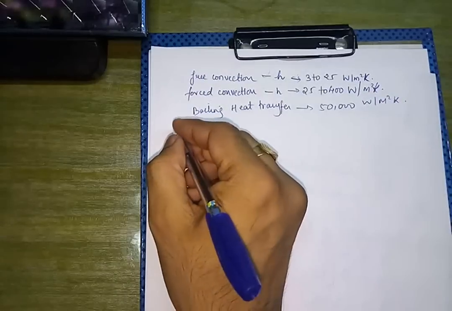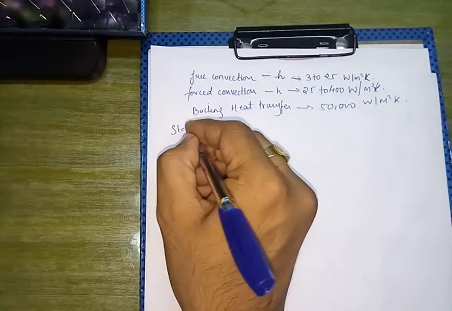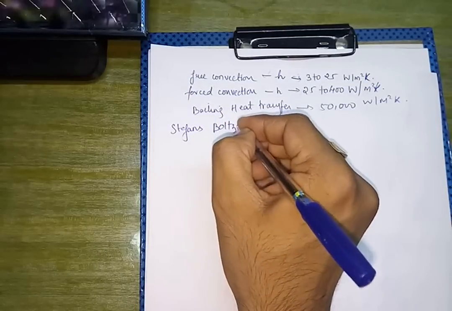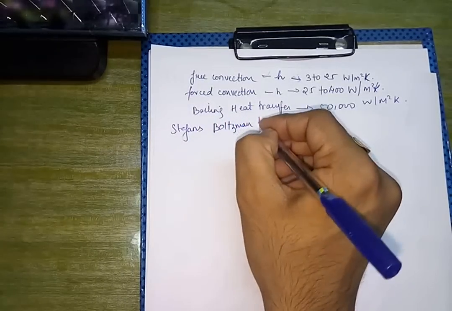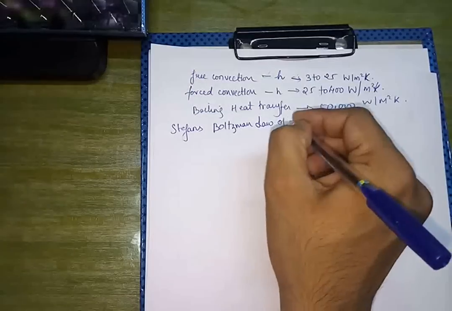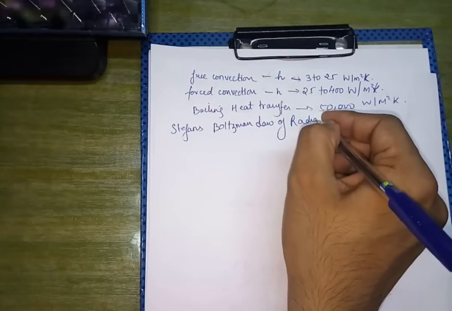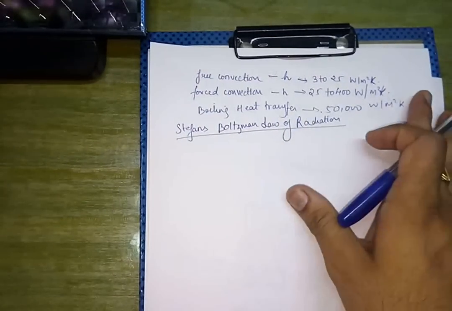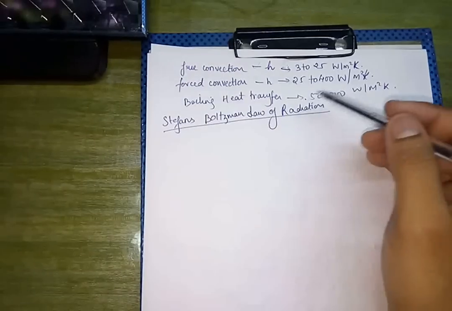Okay. Now the next law was the Stefan-Boltzmann law of radiation. One law we have is Fourier's for conduction, Newton's law of cooling for convection.